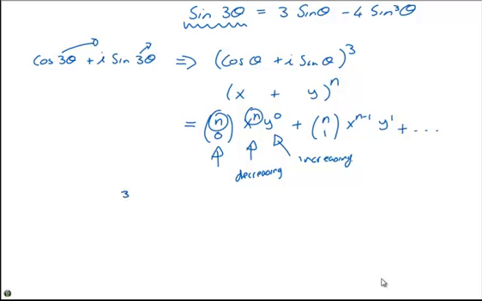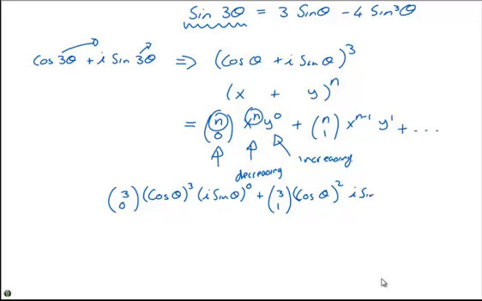3 choose 0, cos theta to the power of 3, I sine theta to the power of 0, plus 3 choose 1, cos theta to the power of 2, I sine theta to the power of 1, plus 3 choose 2, cos theta.